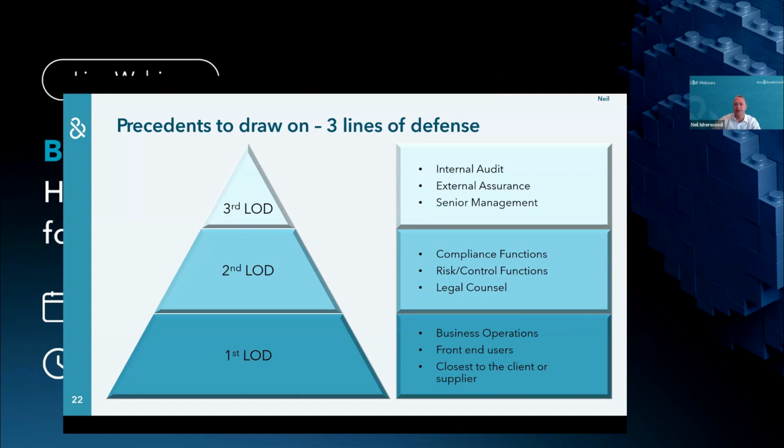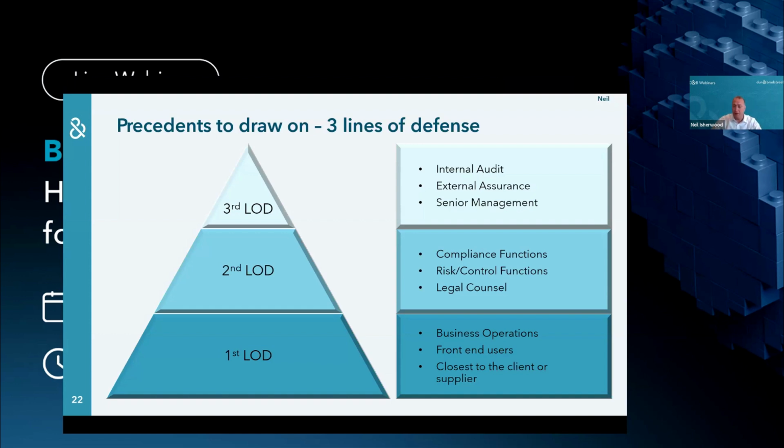And that in turn is usually where we see one of the barriers around the training program needed to ensure that that first line is suitably knowledgeable and skilled. So for companies more at the beginning of the journey, typically what we would ask is, who do you think your first line of defense is?